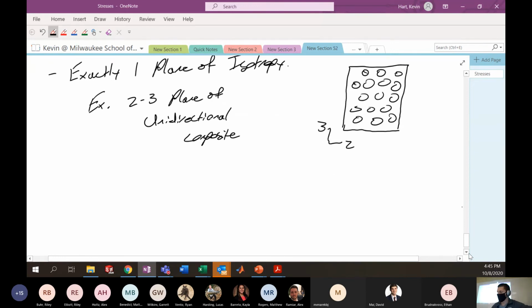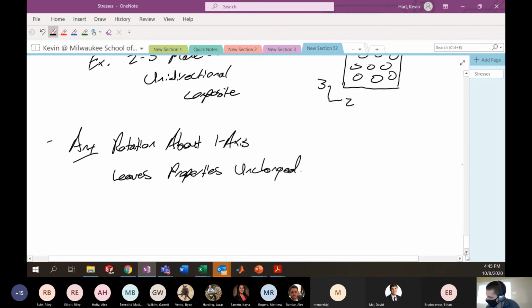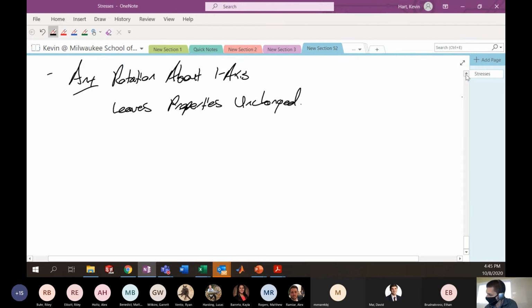So any rotation about the 1 axis leaves properties unchanged. Here, we have the following stiffness matrix.